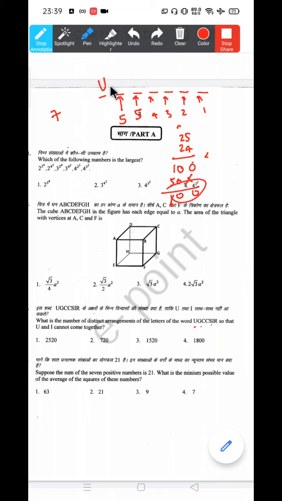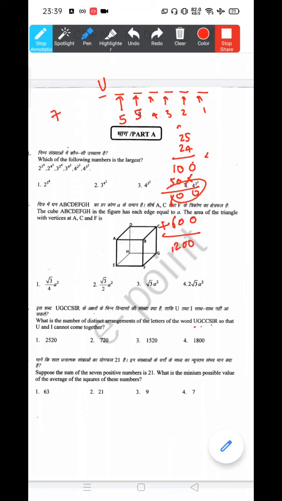Now we have considered fixing U. Similarly we can fix the second term, that is I. If I fix I, then also I will get 600, that is 1200 total.